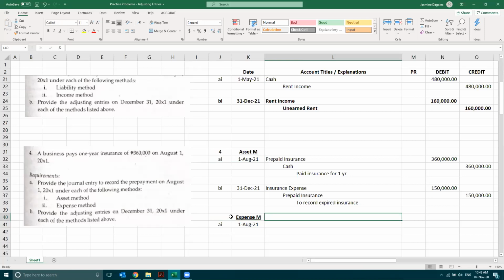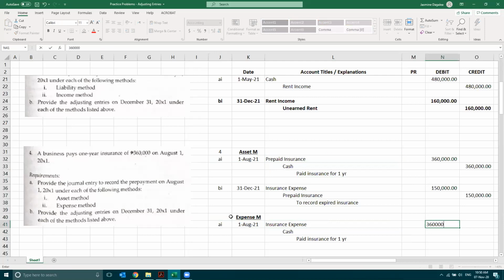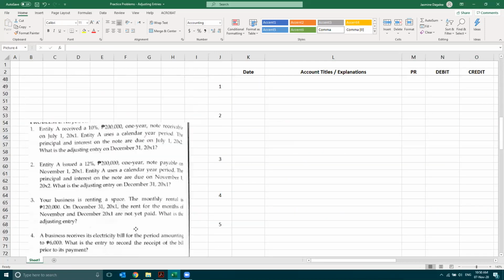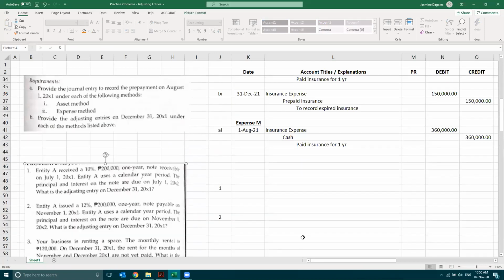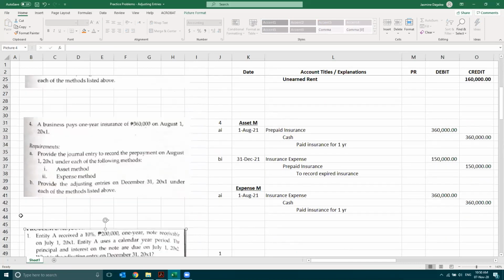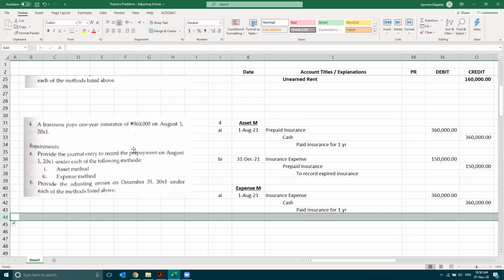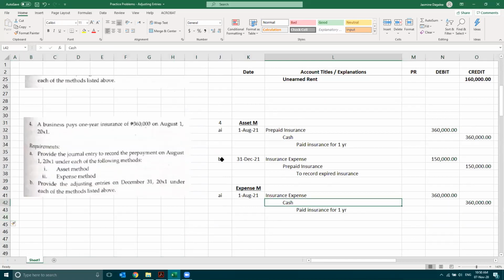Debit insurance expense, credit cash 360,000. Then what is your adjusting entry at year end?